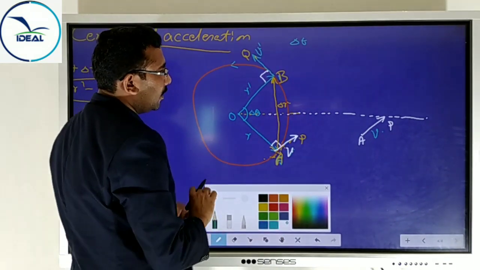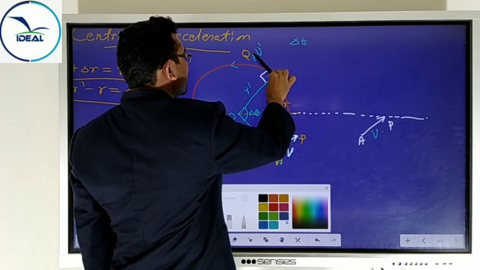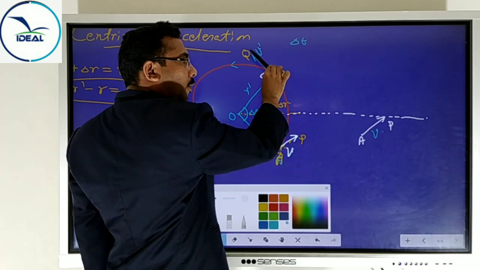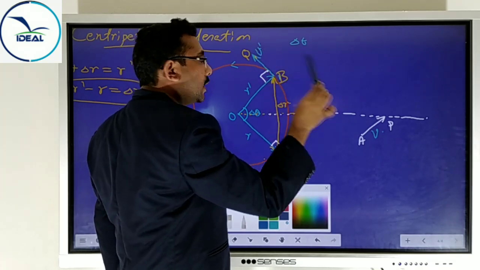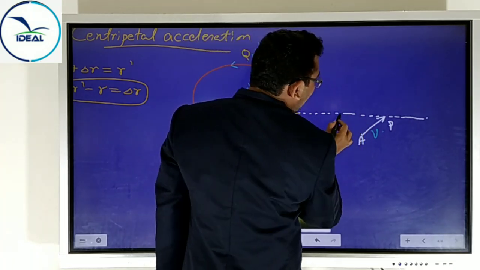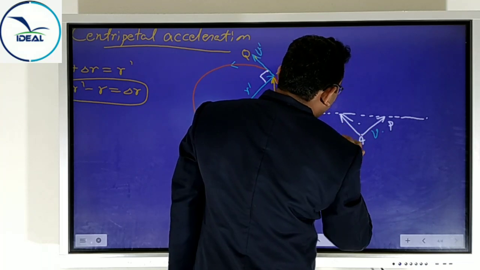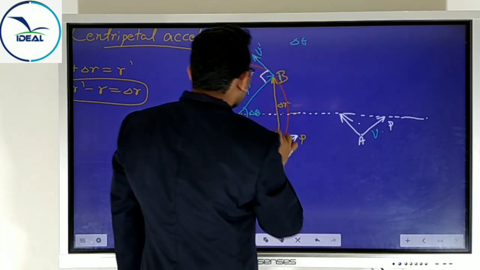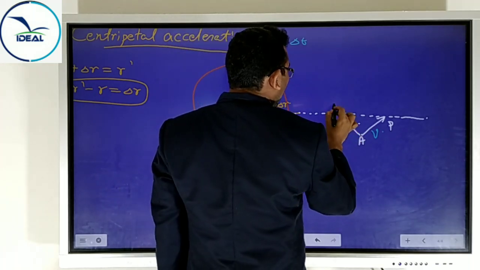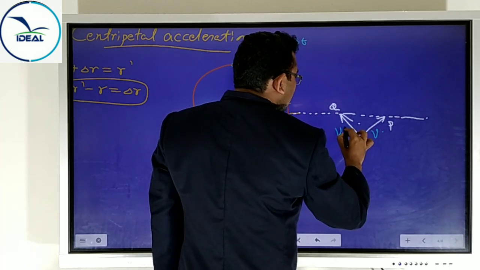Similarly, redraw this v dash, measure, that is same length because in uniform circular motion, magnitude of velocity is constant. Measure this length and take this direction. We write this vector, that is v dash. A and B become the same point, then we can write AQ, and the velocity is V dash.